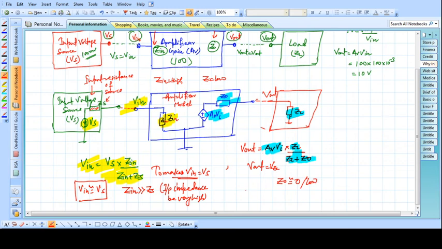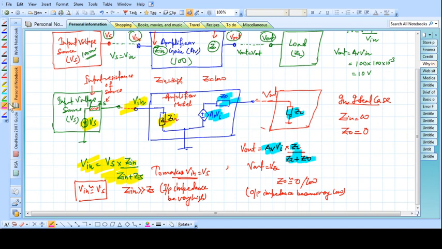So that's why the output impedance becomes very low for a proper amplifying circuit. In the ideal case, the input impedance Zin is nearly infinity, and the output impedance of an amplifier is 0.